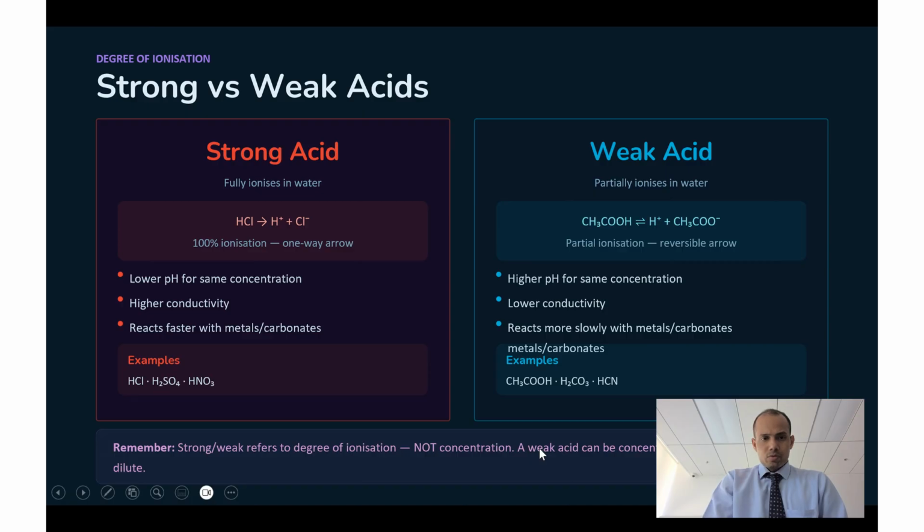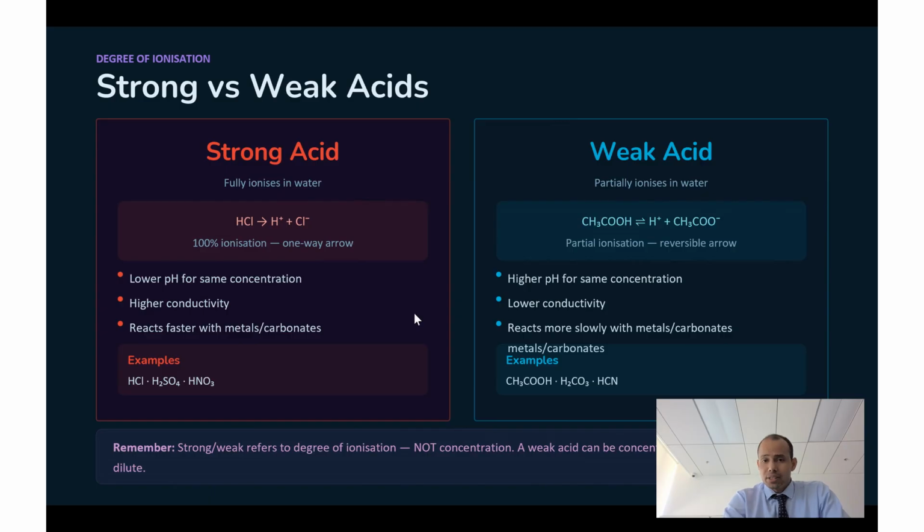Now next we have strong and weak acids. As you can see in the slide, strong acids dissociate completely. They have a lower pH and higher conductivity. Examples are H2SO4, HCl, or HNO3. Weak acids partially dissociate. An example is acetic acid.